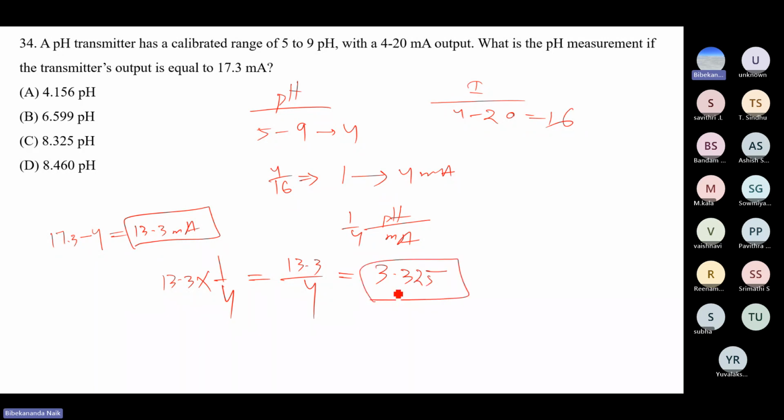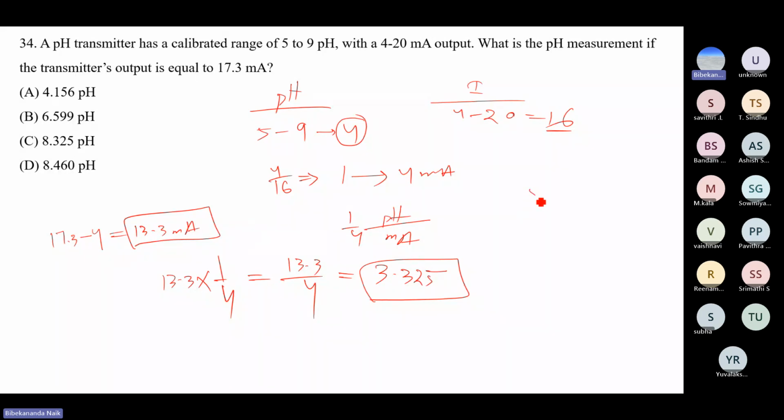So the change is 3.325, because for change of 4, the range is 16. So for change of 3.325, the range is 13.3.